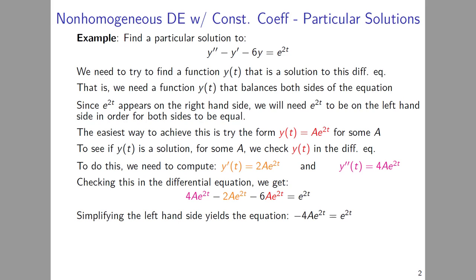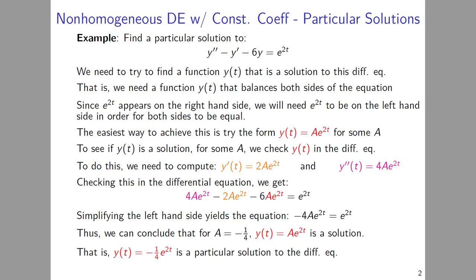Simplifying the left-hand side yields the equation negative 4a e to the 2t is equal to e to the 2t. Thus, we can conclude that for a equals negative 1/4, y of t equal to a e to the 2t is a solution. That is, y of t equal to negative 1/4 e to the 2t is a particular solution to the differential equation.